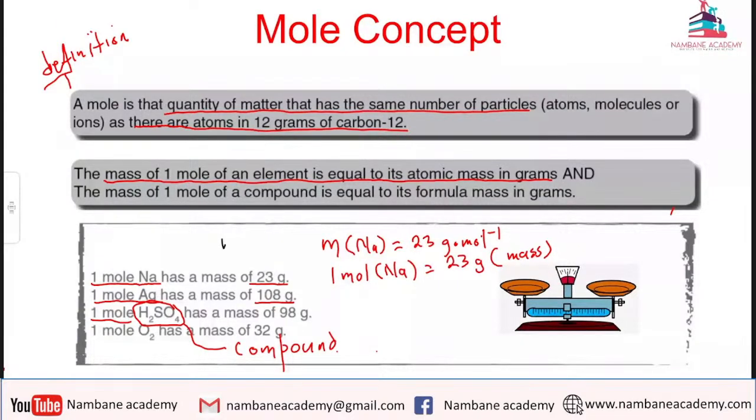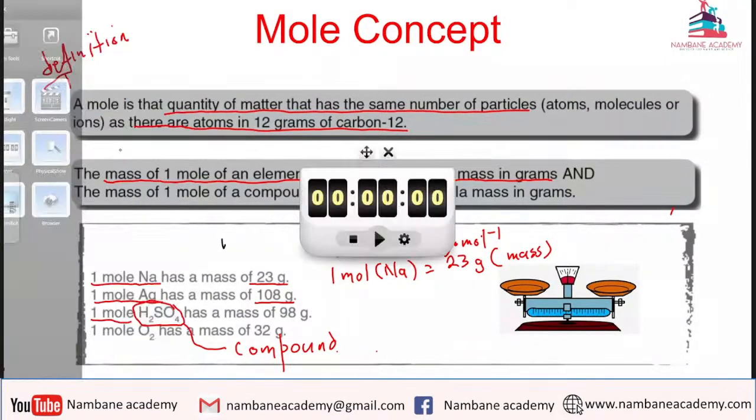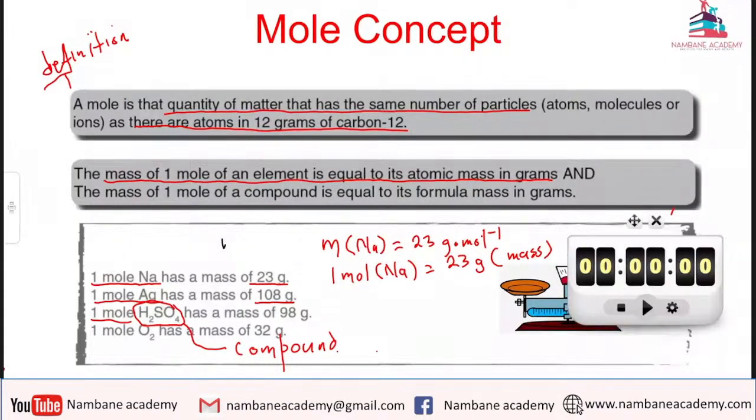So I am going to pause and give you 30 seconds to digest the concept of mole. What do we understand by 1 mole of a substance? 1 mole of a substance basically means it is equal to its atomic mass in grams.